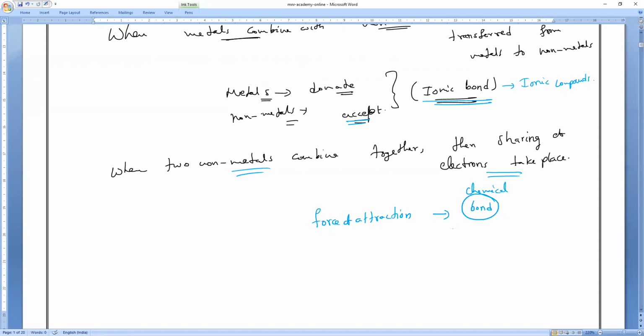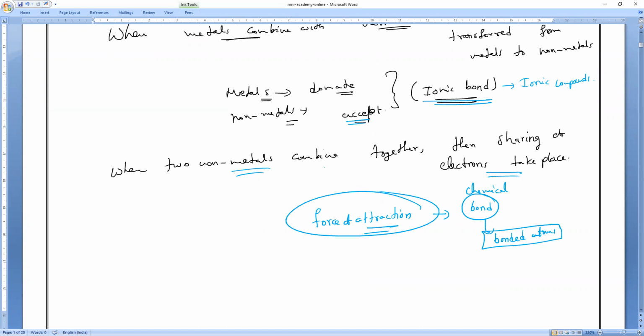After formation of a chemical compound, the atoms which are together are called bonded atoms. Why are they together? Because of the force of attraction.